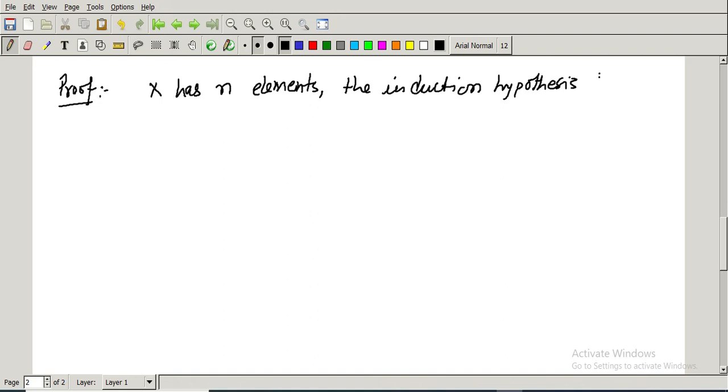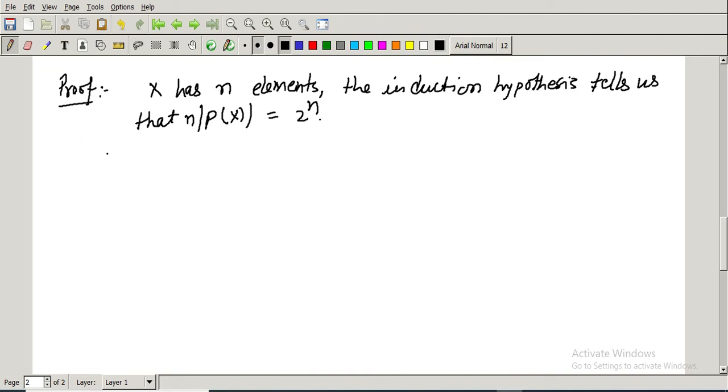It tells us that the number of elements in the power set of X is 2 raised to power n. Now you have to prove the statement for the next case.